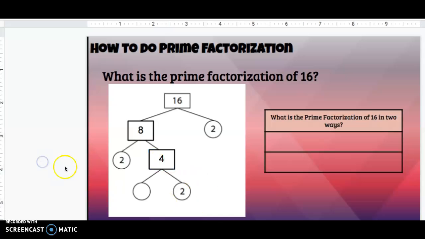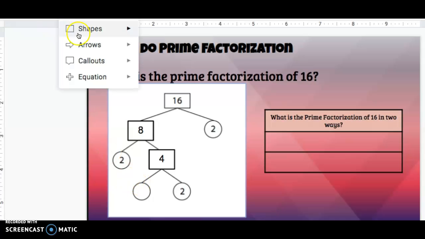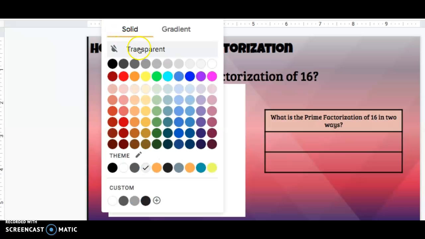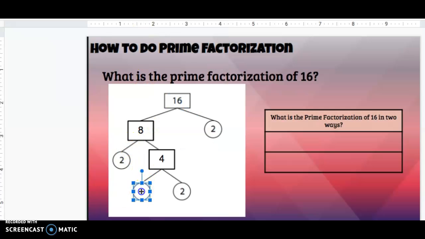Okay, then we break down 4, and we would put 2 in there. And then I'm going to put a shape there. You won't have to do this, I'm just doing it because I forgot to put it there. And you would put 2.